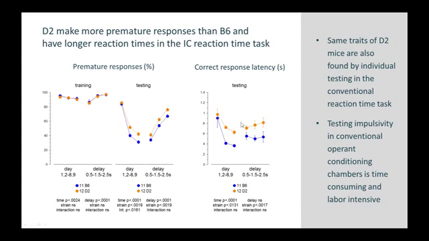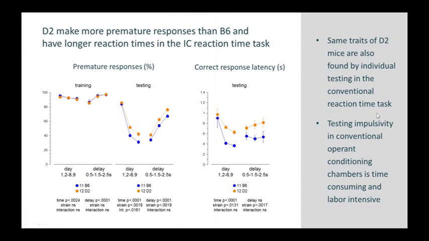We also saw a second difference between these two strains, which is also confirmed by the results of classical reaction time tasks. So once the cue light comes on in a correct trial, the DBA/2 animals take longer to respond to that stimulus and to make their second nose poke.